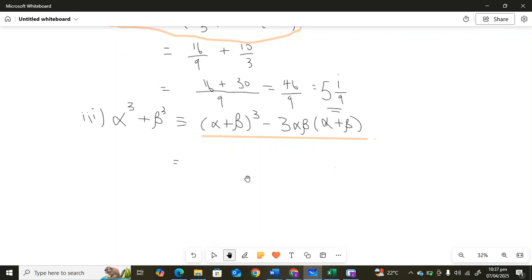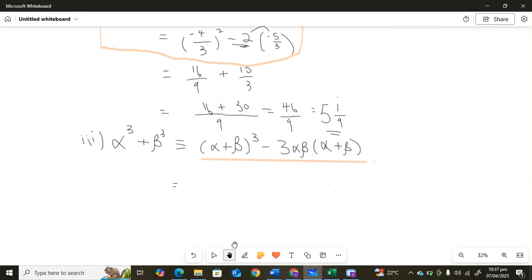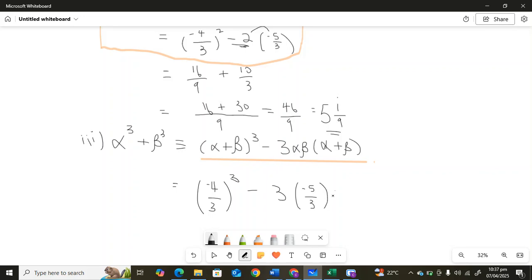So alpha plus beta, that is negative 4 over 3, minus 3 alpha beta. So alpha beta, that is negative 5 over 3 multiplied by alpha plus beta, which is negative 4 over 3.